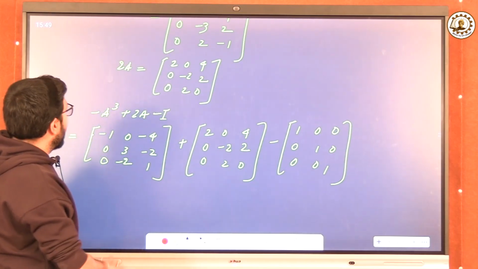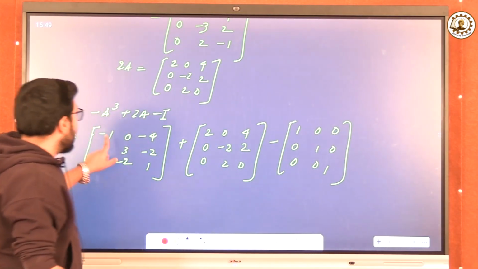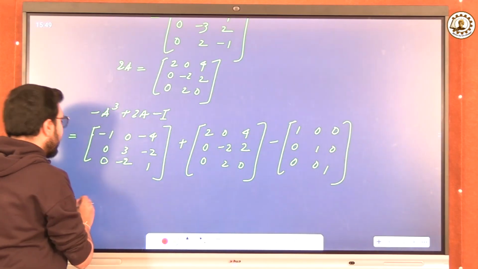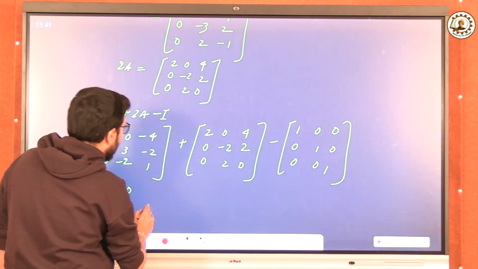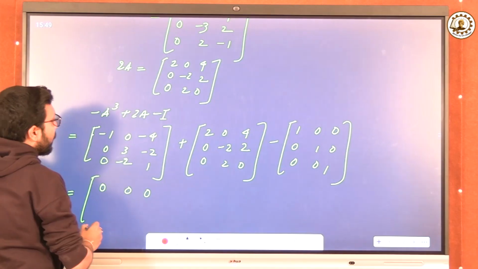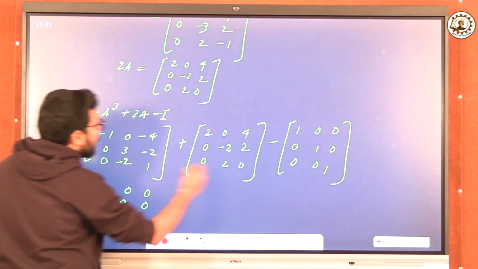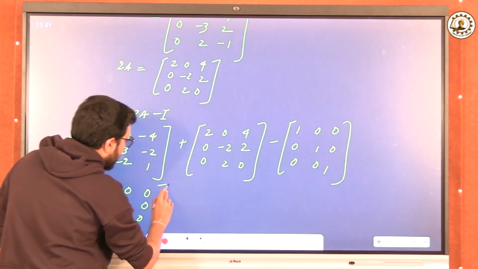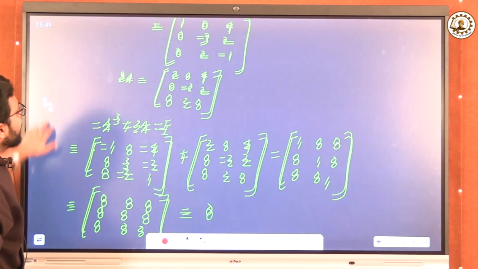So minus 1, minus 1, minus 1. It is coming as minus 2 plus 2. Here it is 0. Then again 0. Same goes for the second row. It is all 0, all the elements. And same for the third row.